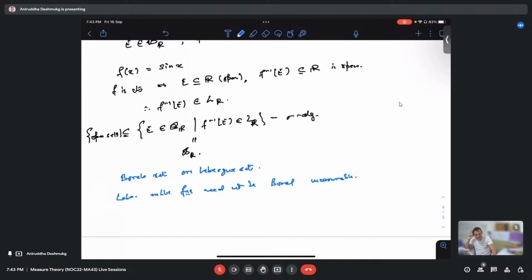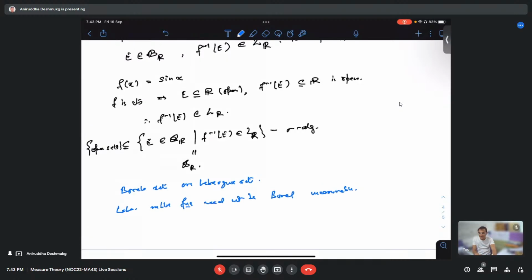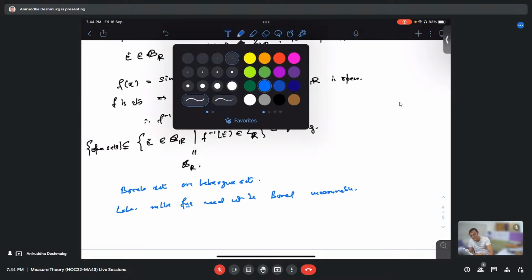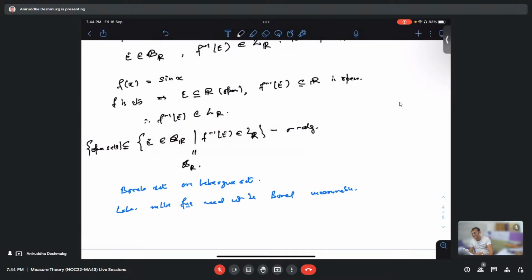Lebesgue measurable functions need not be Borel measurable, but Borel measurable functions are always Lebesgue measurable. In fact, this proof uses that fact. What we have proved is that f is Borel measurable because the pre-images are all open and therefore in the Borel sigma algebra. That is in turn contained in the Lebesgue sigma algebra, therefore it is Lebesgue measurable. Thank you so much for that. I kind of got that confused.